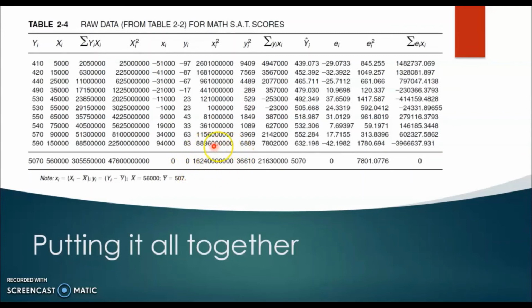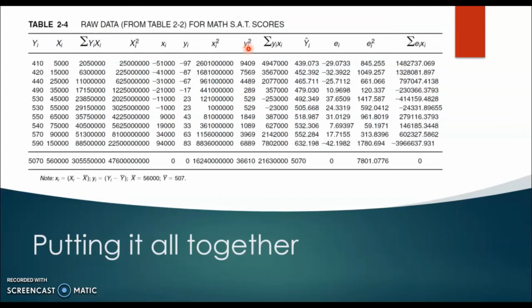Of course, here we have a sum of 16,240,000,000. And on the next column, we have the squared y, the squared small letter y.